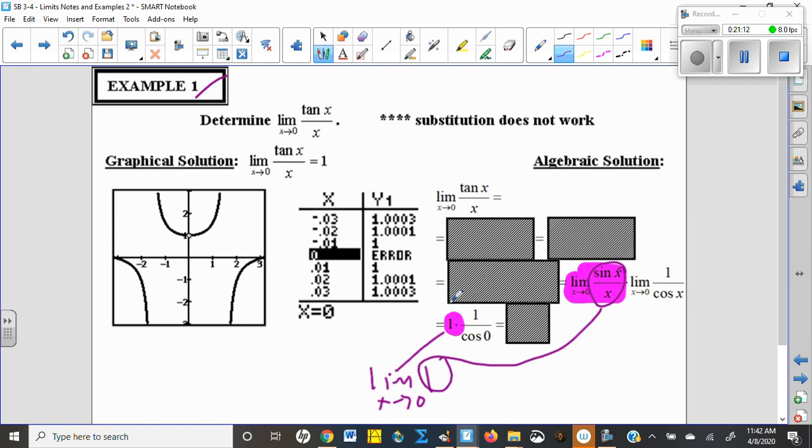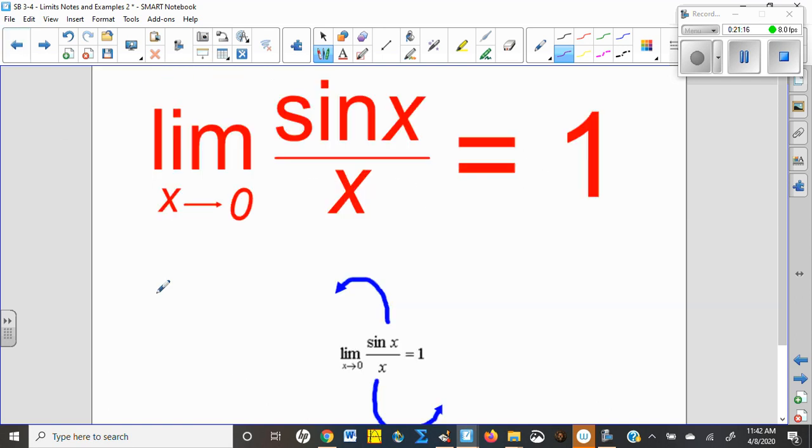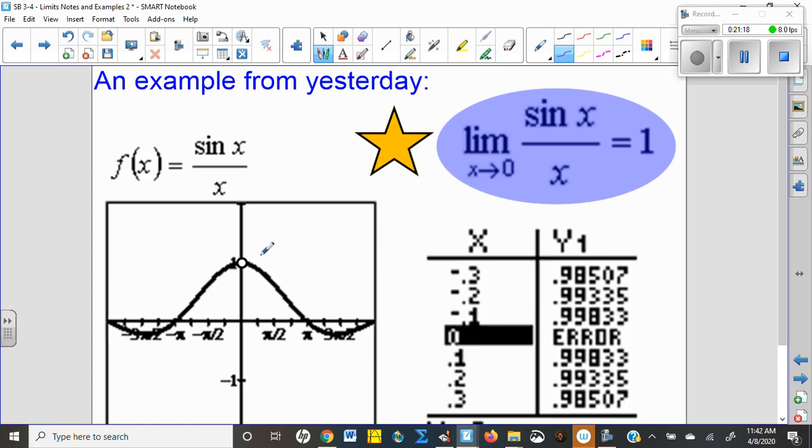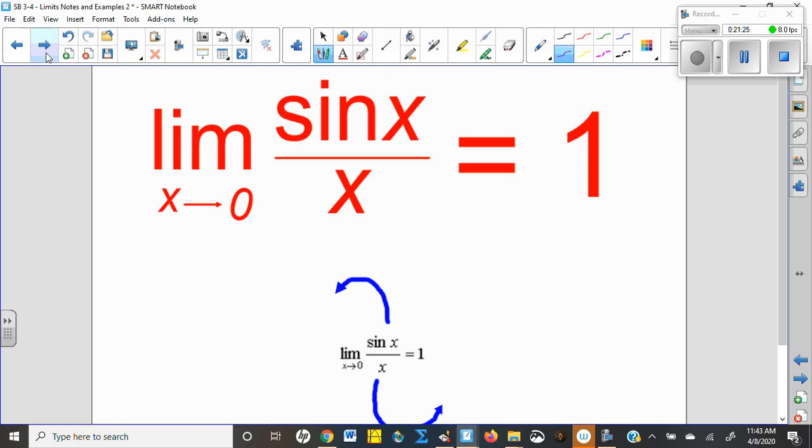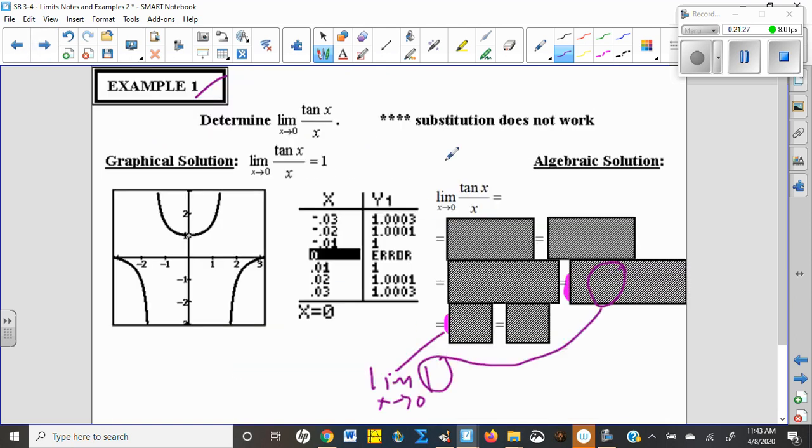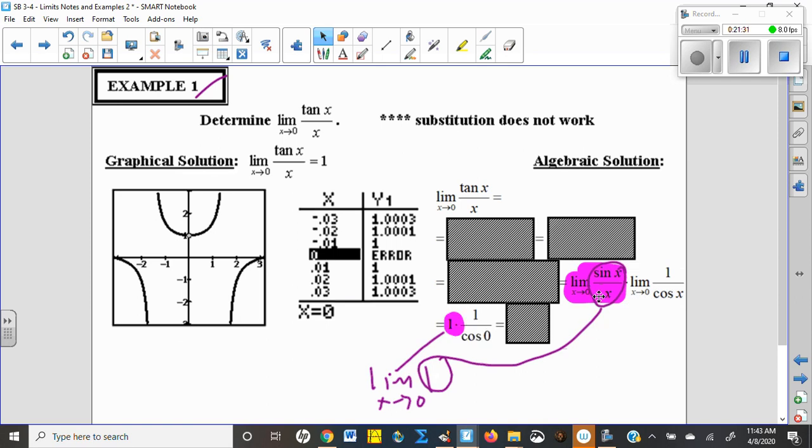It approaches 1, but if we go back and look at that picture of it, it never actually achieves a height of 1. It only has a limit of 1. And so you have to be really careful that when you make this substitution, this sine of x over x doesn't become a 1.